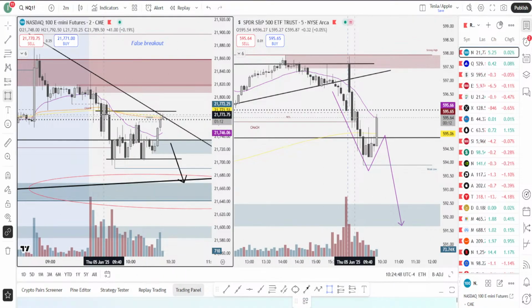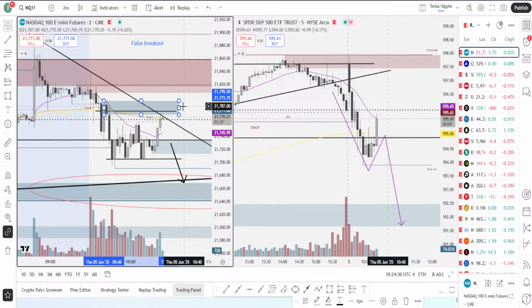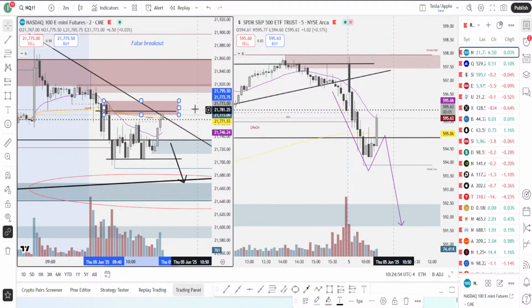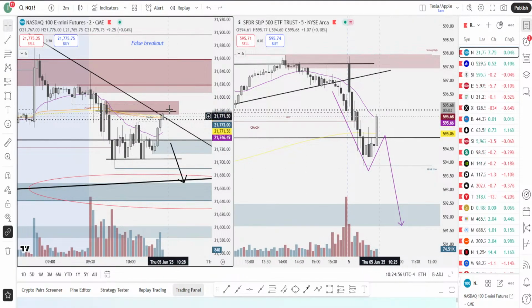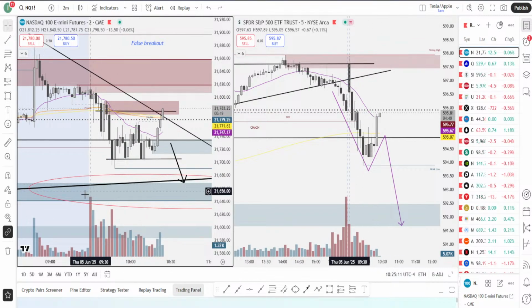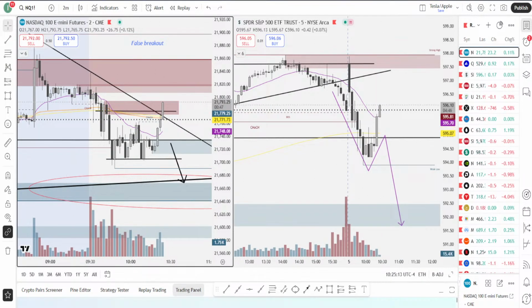We have a small supply zone up here. I'm looking for this supply zone to now hold price below, and or show us that these bullish candles are weakening as we're stepping into the supply zone. Then it'll give us an idea, okay, sellers are still interested in selling this market.